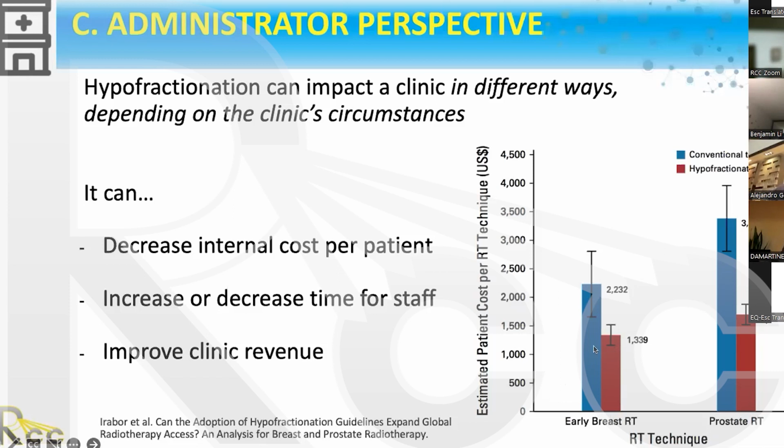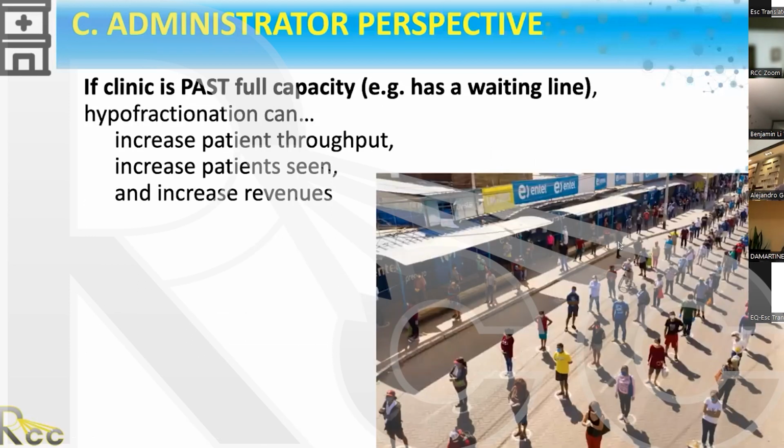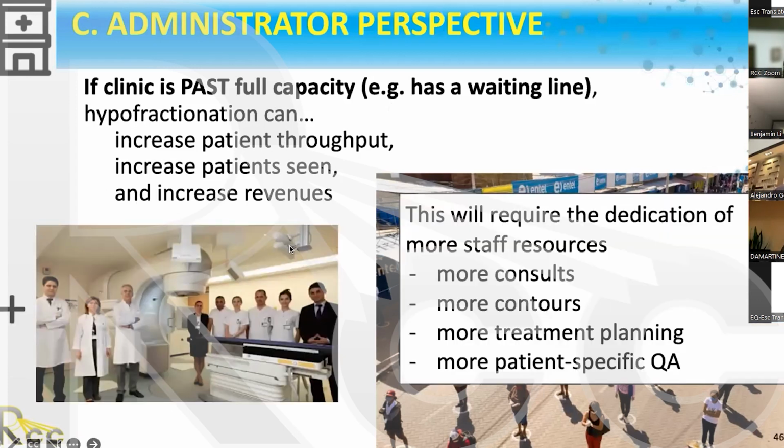And it's obvious that the operational costs in the clinic are lower when we decrease the number of fractions. But there are more details. If the clinic is beyond its total capacity, for example, they have a wait line for patients, hypofractionation can increase the patient throughput, the number of patients that are seen, and also increase the revenues.